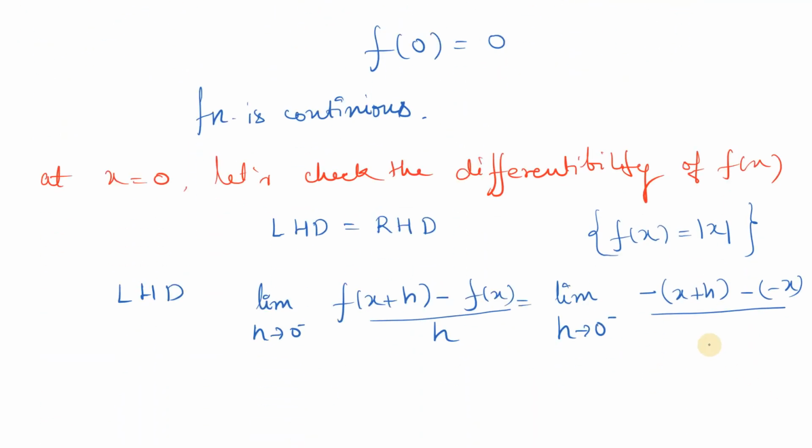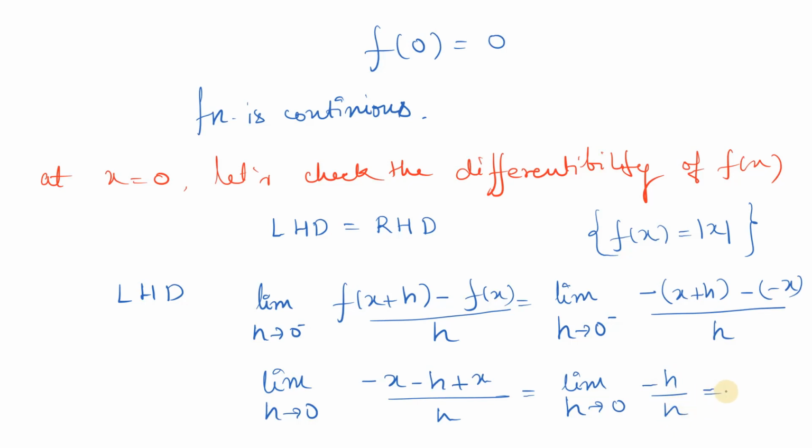So this is limit h tends to 0 of negative x minus h plus x upon h, which is equal to limit h tends to 0 of negative h upon h, which is equal to negative 1.